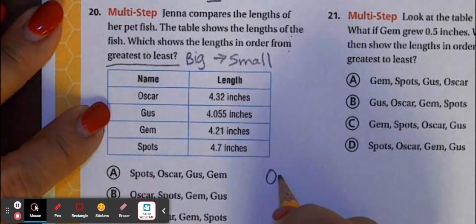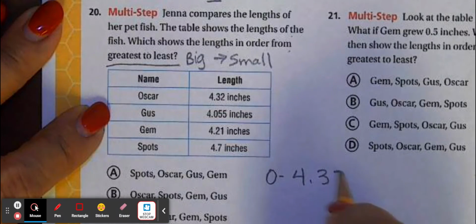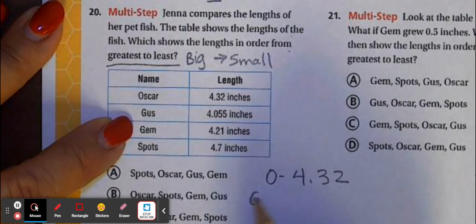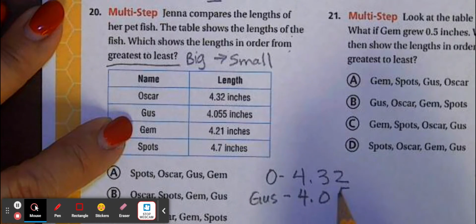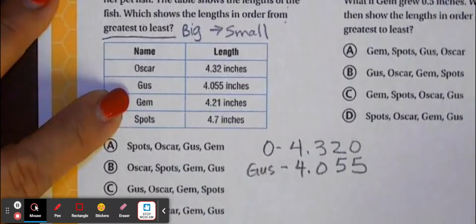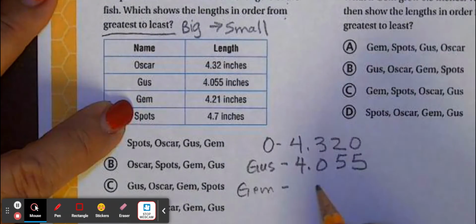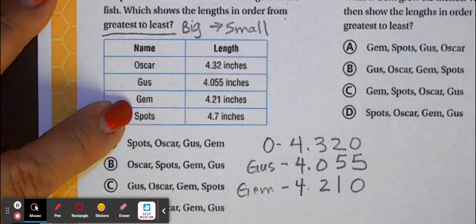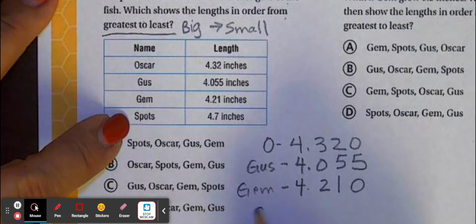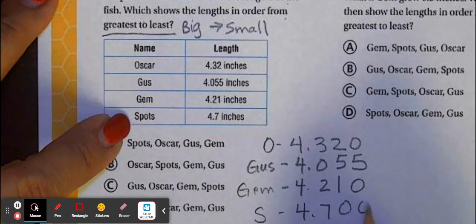I have O for Oscar, 4 and 32 hundredths, and I'm going to put 0 as my hero. Gus is 4 and 55 thousandths. Jem is 4 and 21 hundredths. 0 is my hero. And then S for Spots, 4 and 7 tenths, 0, 0.